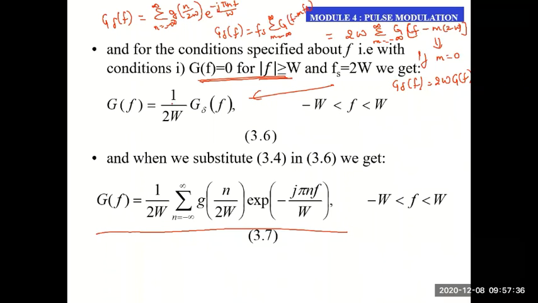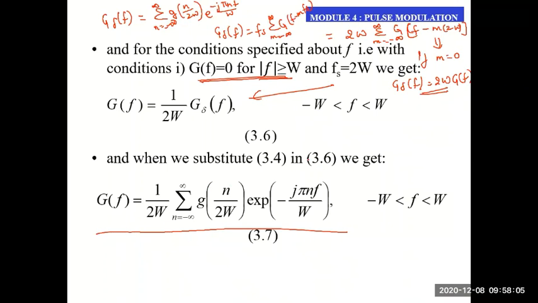The given G of F will exist only in this range for a strictly band limited signal. That's what we are showing using equation 3.2. From this equation, I think it's easier to get that, rather than considering from 3.3. If you use this equation 3.2, it would be easy to specify this.